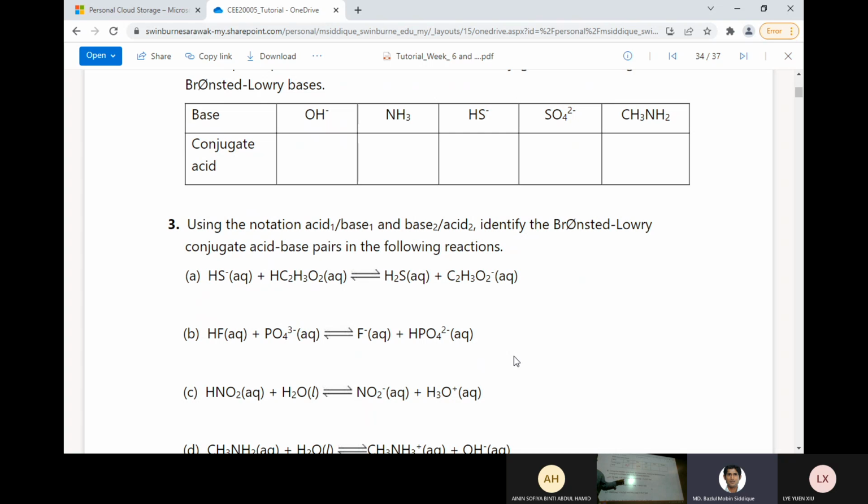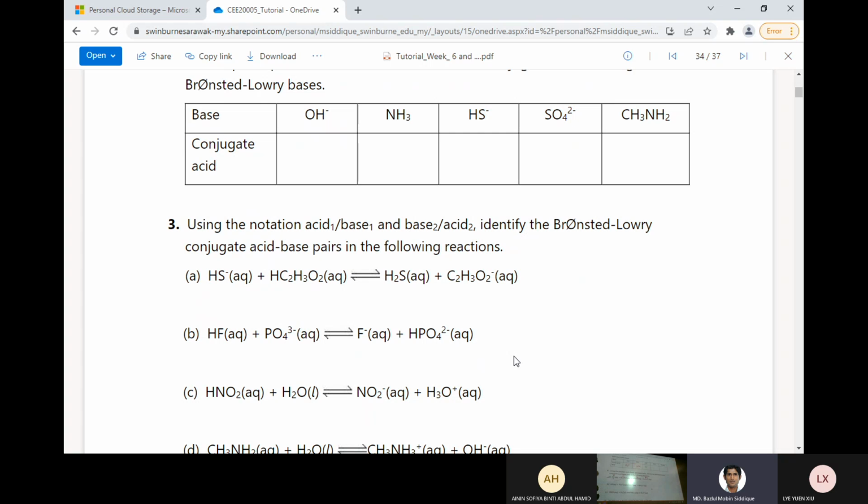And it is an acid because it is giving a hydrogen. So this is base 1, acid 1. And now after it has taken, it is able later on to give that hydrogen back. So this becomes an acid 1. And it can take hydrogen, not exactly from it, but from the other side. So it becomes base, acid 2, base 2. So in this way, it is changing, right? Okay?